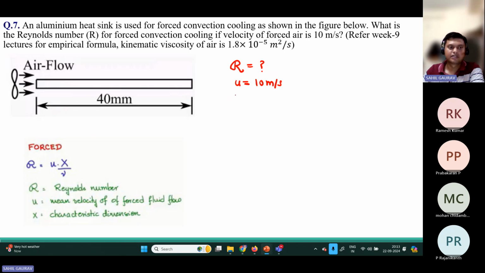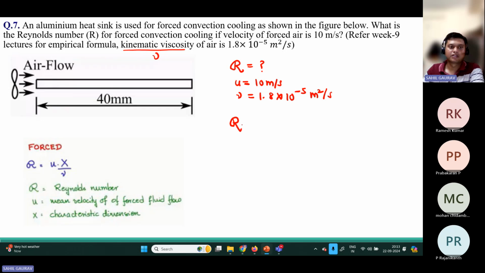And this mu value, they have provided as kinematic viscosity of air, mu 1.8 into 10 to the power minus 5 meter square per second.